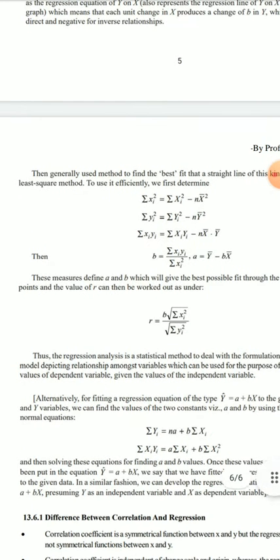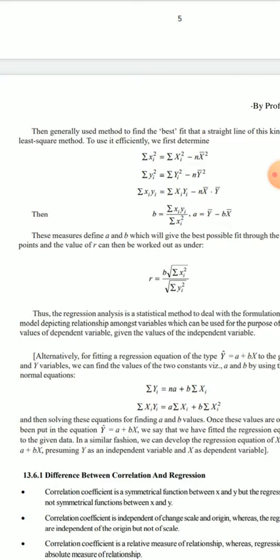R is equal to b multiplied by root over summation of sigma xi square by root over summation of sigma yi square. Thus regression analysis is a statistical method to deal with the formulation of a mathematical model depicting relationship amongst variables, which can be used for the purpose of prediction of the values of the dependent variable, given the value of the independent variable.